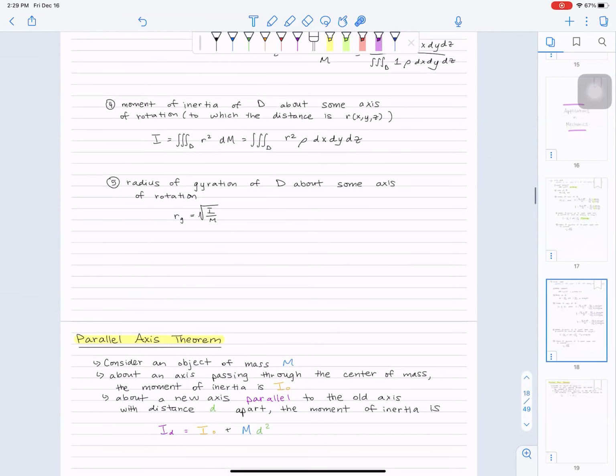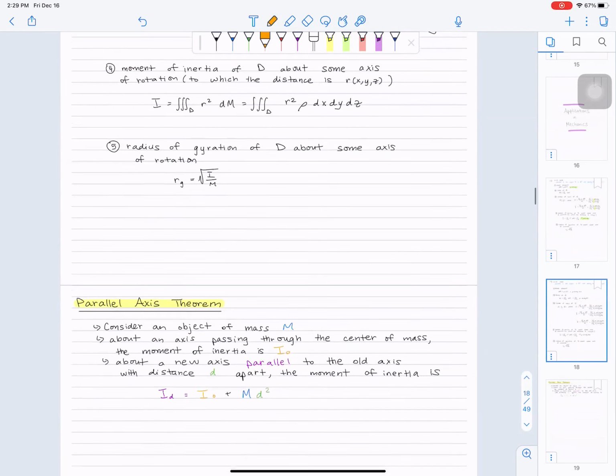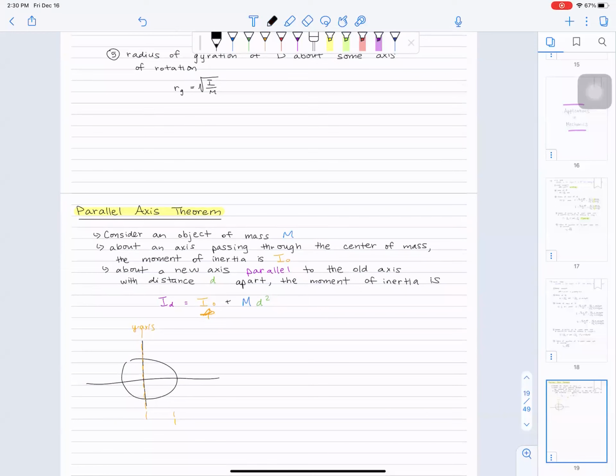Okay. And during this week, we also did the parallel axis theorem. For example, they give you the moment of inertia through this circle with the y-axis as the axis. They give you that the moment of inertia is some I naught. But say you want to find the moment of inertia through the x equals 2 axis.